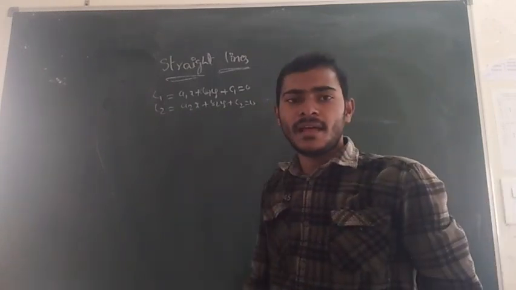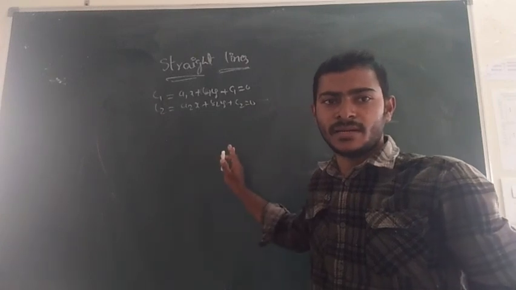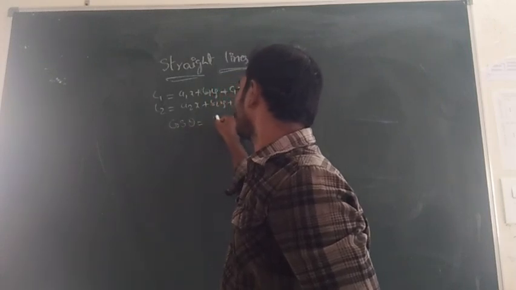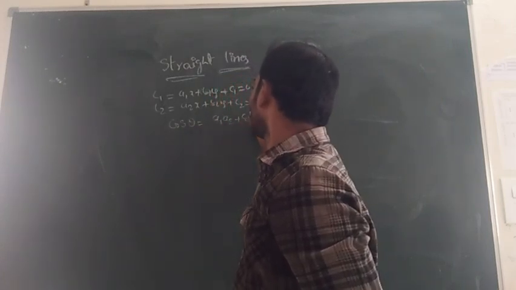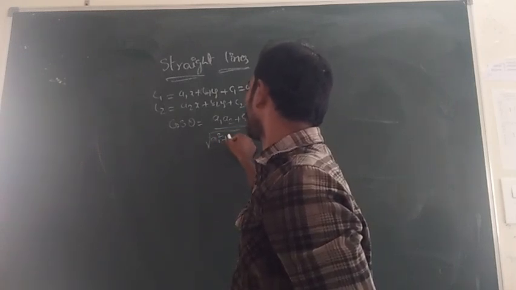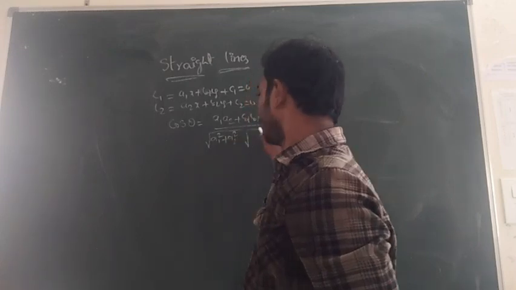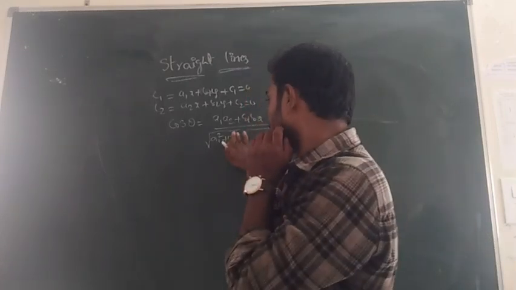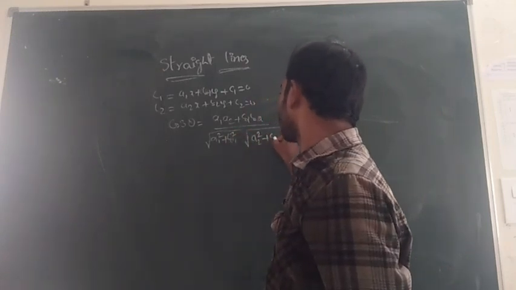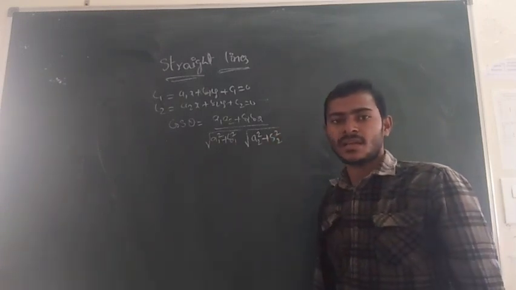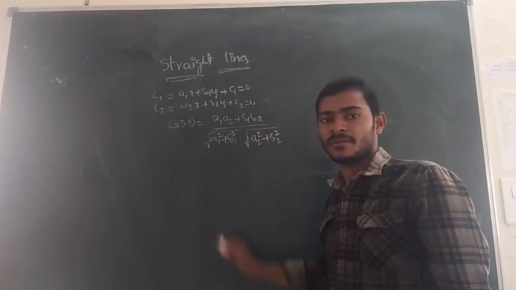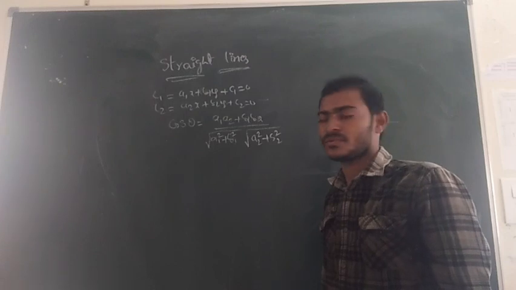Now, to find the angle between these two straight lines, cos theta is equal to A1 A2 plus B1 B2 by square root of A1 square plus B1 square and A2 square plus B2 square.